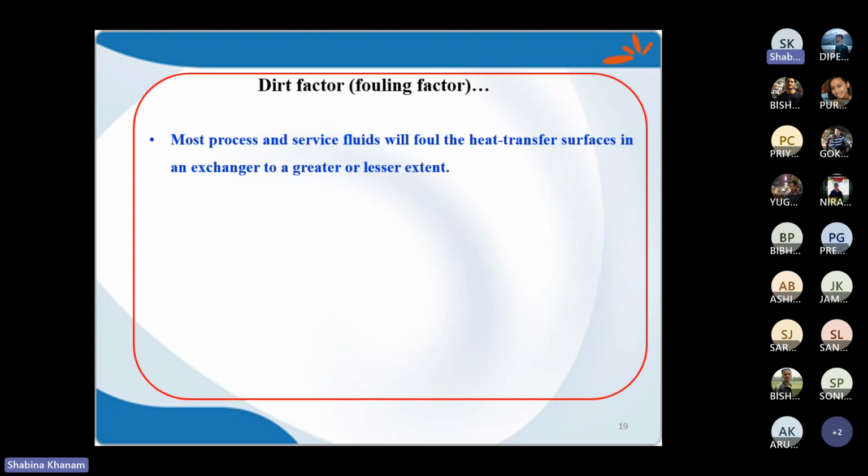Basically, most process and service fluids will foul the heat transfer surface in an exchanger to a greater or lesser extent. The point is, whatever fluid you are considering, except deionized or demineralized water, where the fouling tendency content can be removed, all the fluids will have the tendency to scale the surface.